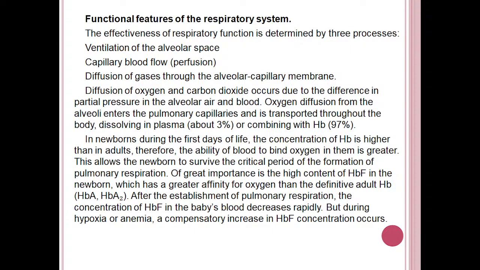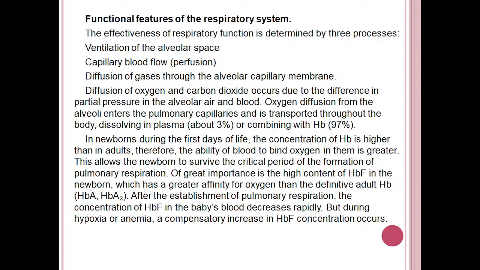I think you know that a baby does not breathe during pregnancy. Of great importance is the high content of fetal hemoglobin F in the newborn, which has a greater affinity for oxygen than the definitive adult hemoglobin A and hemoglobin A2.